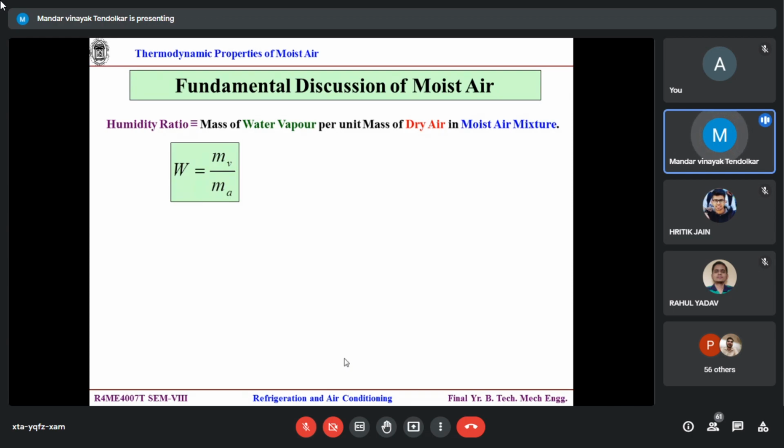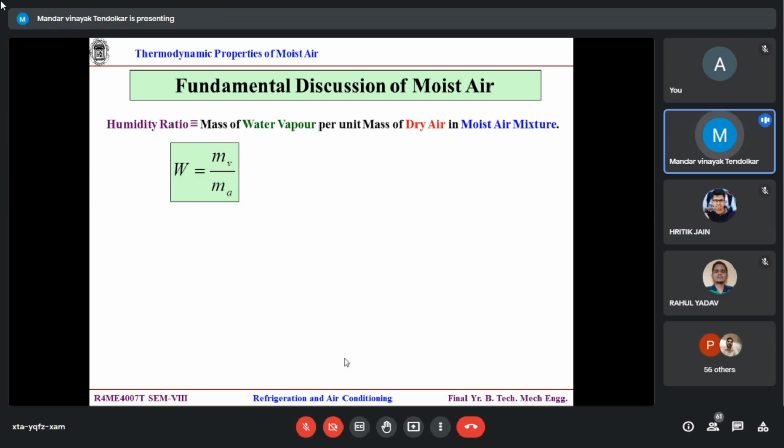If you observe the symbol used, it is mv upon ma, where the numerator is the mass of the water vapor, the denominator is the mass of the dry air. They are different. Don't call this unitless. It is kg of water per kg of dry air.